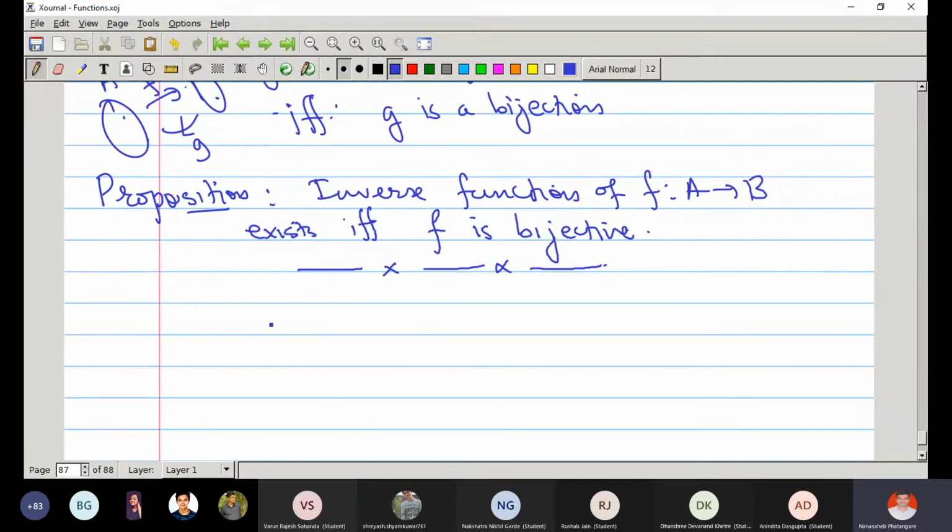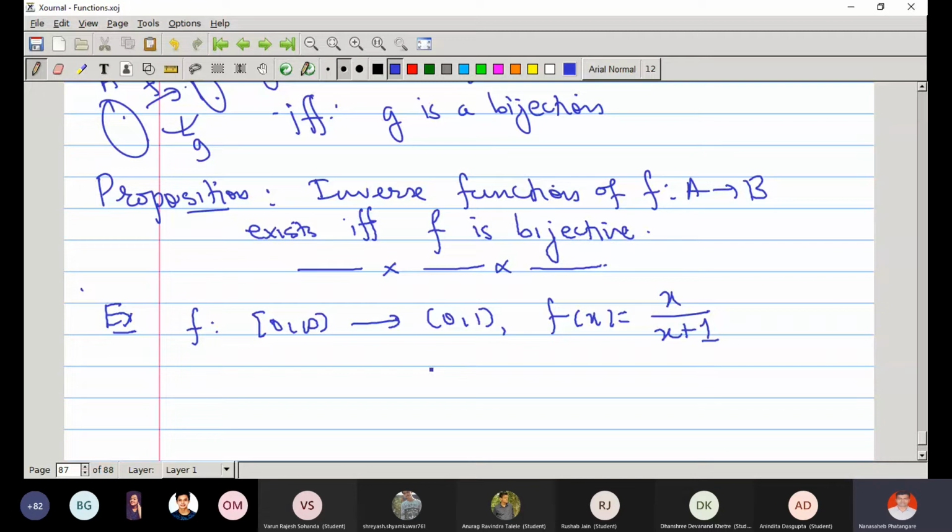So now let us look at the function f from 0 to infinity to 0 to 1, and I am defining f of x equal to x upon x plus 1. Now the question I would like to ask: can we find the inverse function of f?